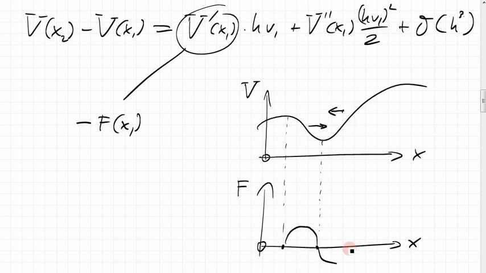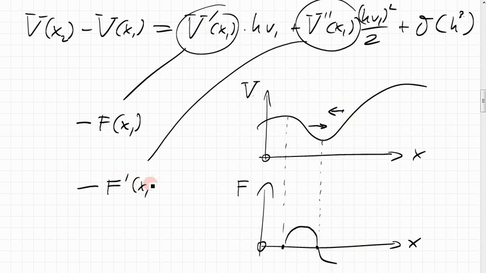And so on and so on. And if you look closely, this pretty much looks like minus the derivative of the potential. So that's the relation between force and potential. The force is minus the spatial derivative of the potential, which means that the second derivative here equals minus the first derivative of the force.